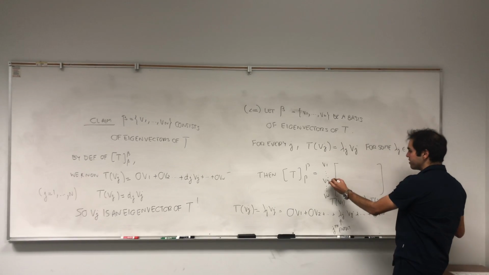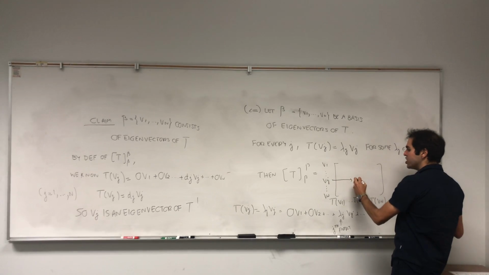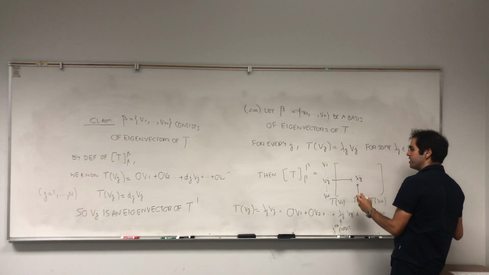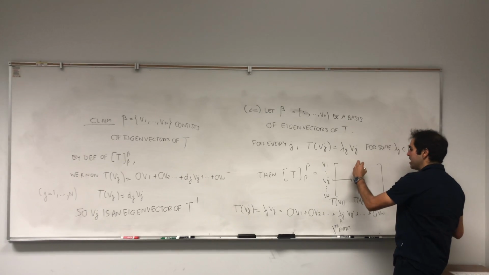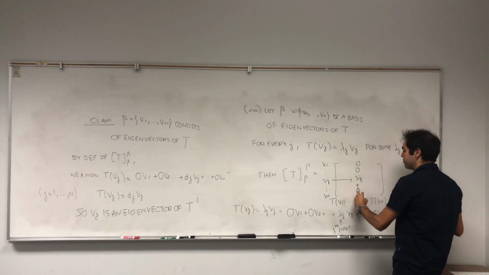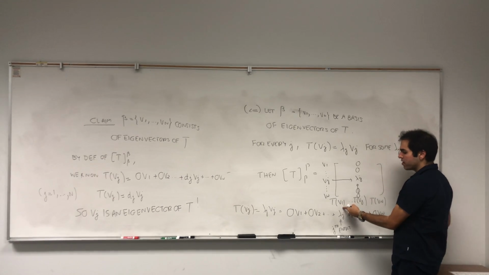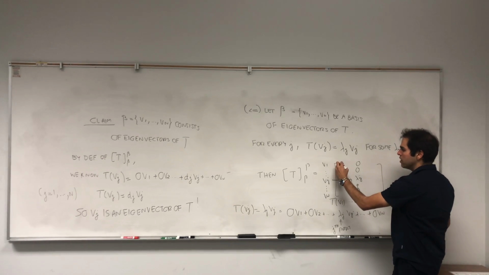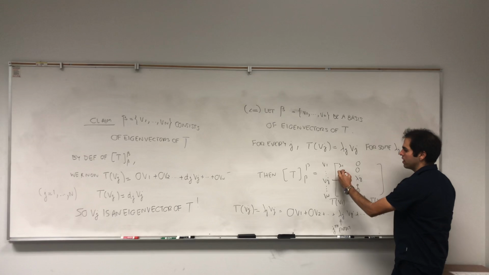So what this means, if you take the jth entry of T of Vj, you get lambda j, and everything else is 0.